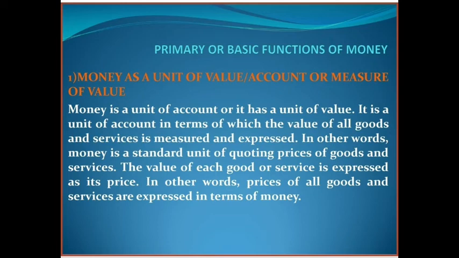In other words, money is a standard unit of quoting prices of goods and services. The value of each good and service is expressed as its price. In other words, prices of all goods and services are expressed in terms of money.